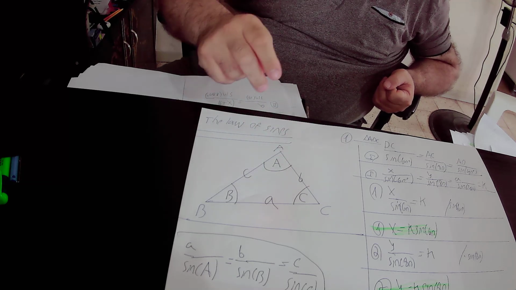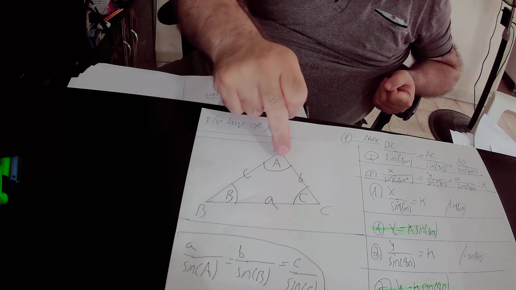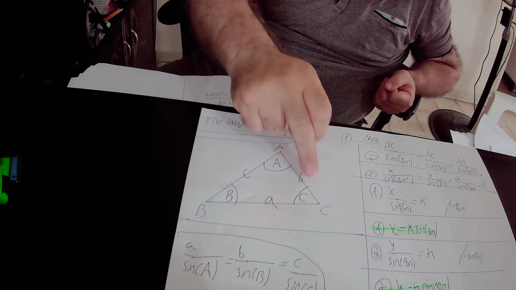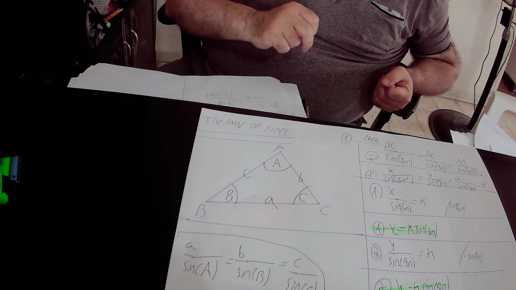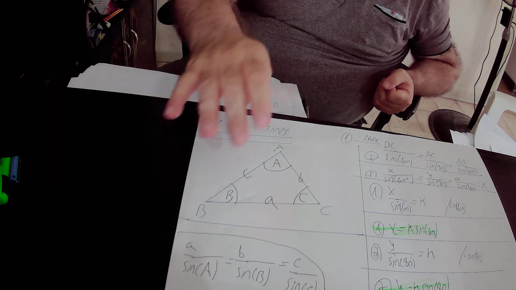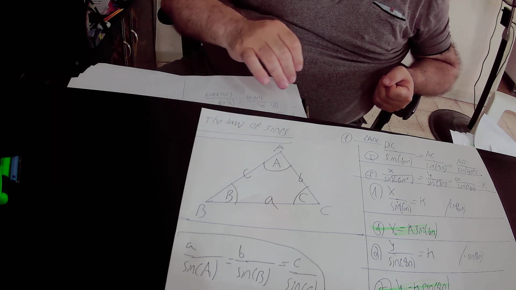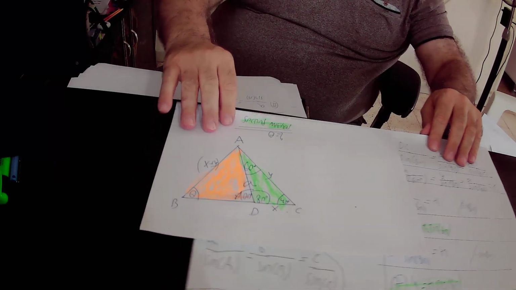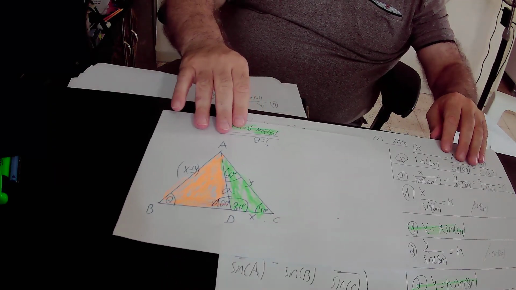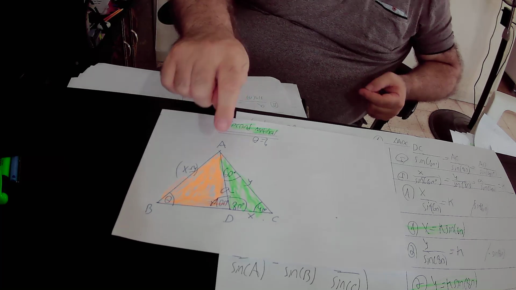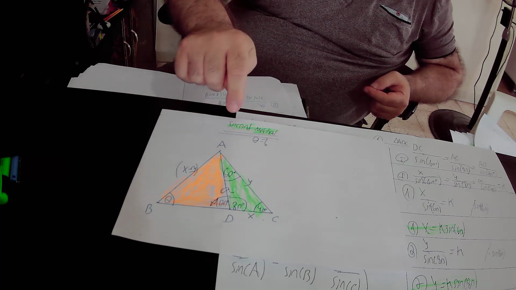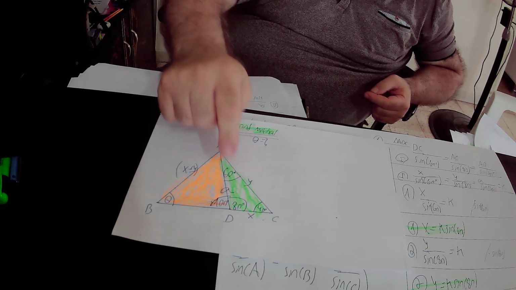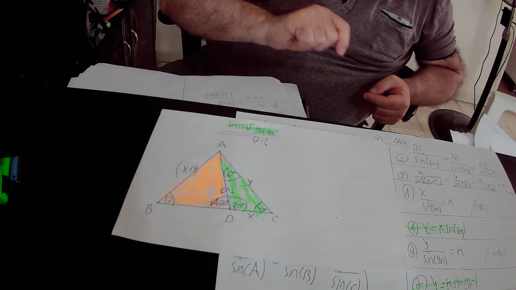According to the law of sines, A over sine A equals B over sine B equals C over sine C. Then we implemented the law of sines in the green triangle, triangle ADC. According to the law of sines, DC over sine 60 degrees equals AC over sine 80 degrees, and it is equal to AD over sine 40 degrees.